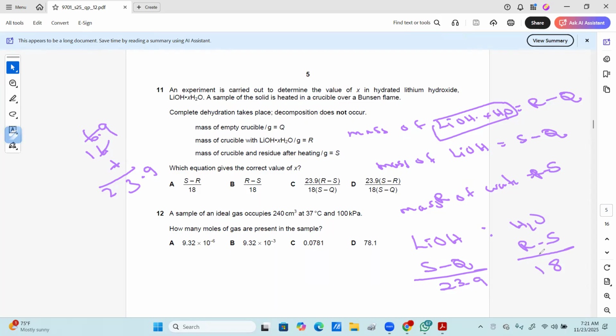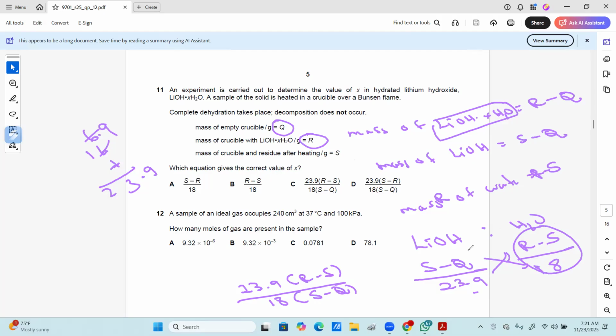So if you want to find the moles of water per mole of lithium hydroxide, it should be 23.9 times R minus S divided by 18 times S minus Q. When you cross multiply, only then you can get the answer. Now, because this is going with expressions only, it's hard, but you have to work it out as a normal empirical formula calculation. So that means typically you're dividing this by this. Without dividing directly, you can do the cross multiplication.